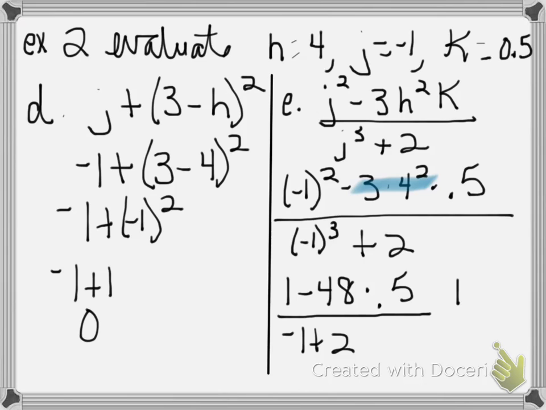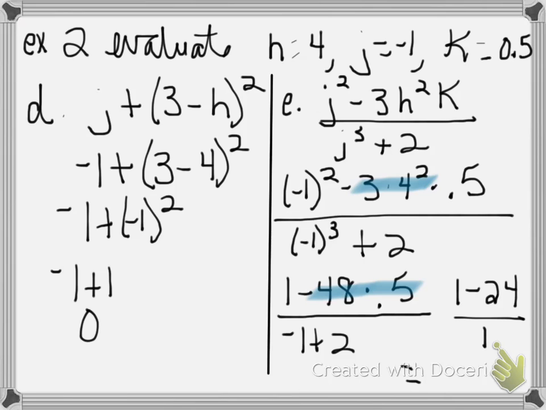Now inside the numerator, I keep bringing down that 1 because my next step is to multiply -48 times 0.5. You have to remember the order of operations. So -48 times 0.5 is a -24. In the denominator, -1 plus 2 is +1.